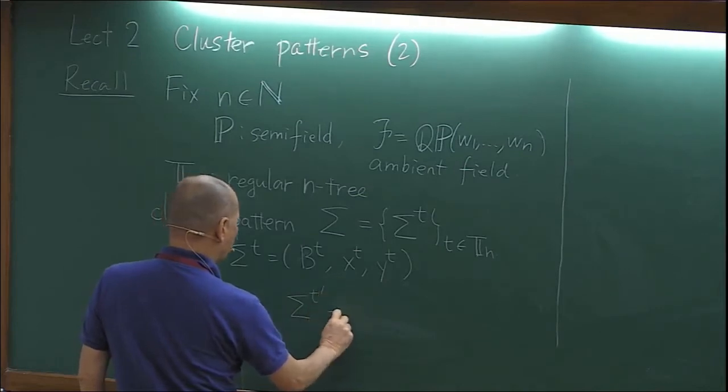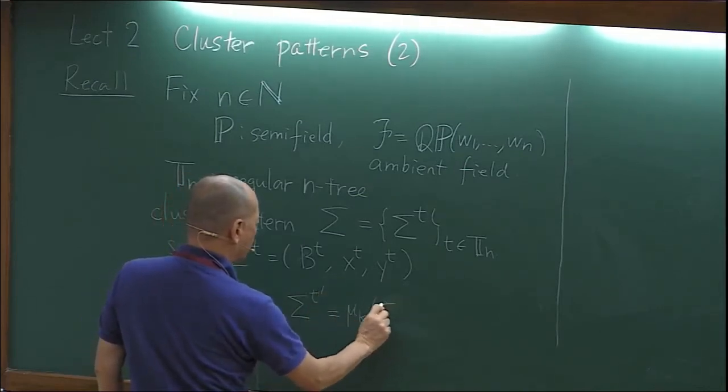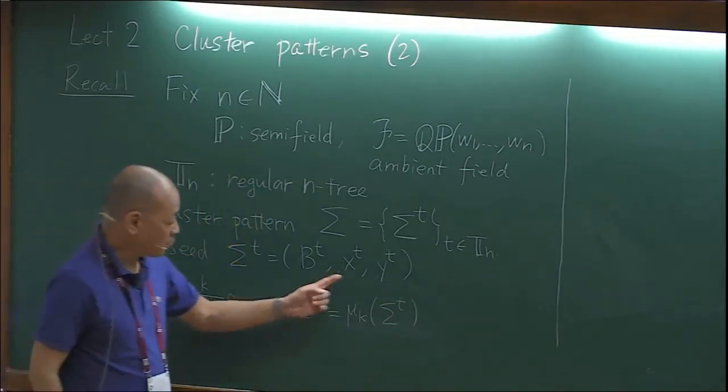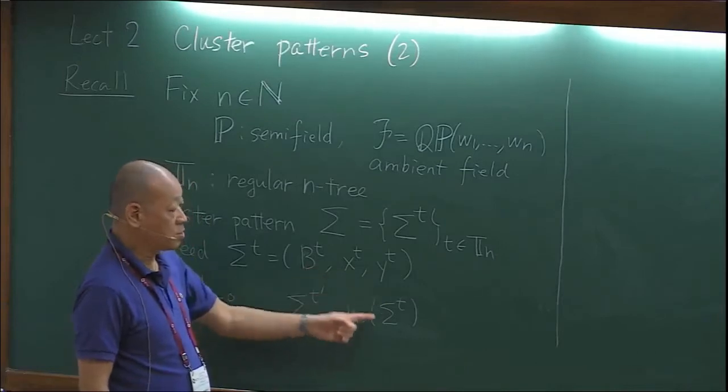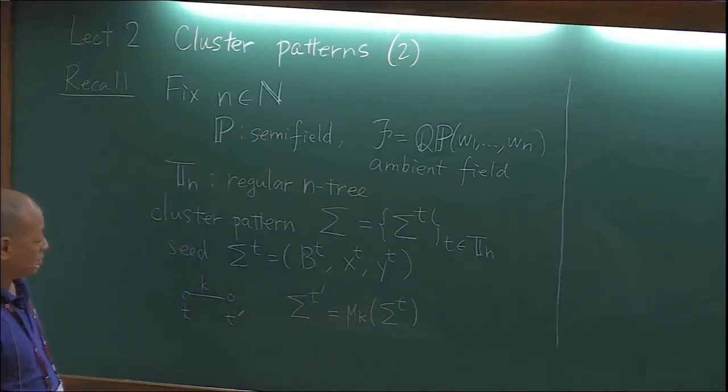So sigma t prime is obtained by mutation of sigma t and vice versa. And there is some complicated definition of mutation. The first question when you first study cluster algebra is why this mutation is good at all.